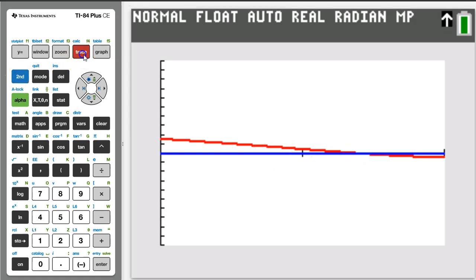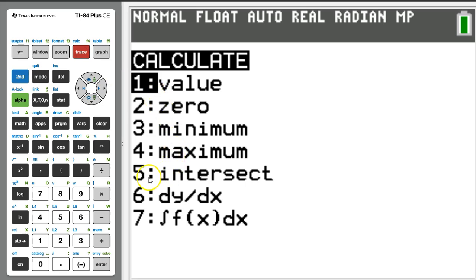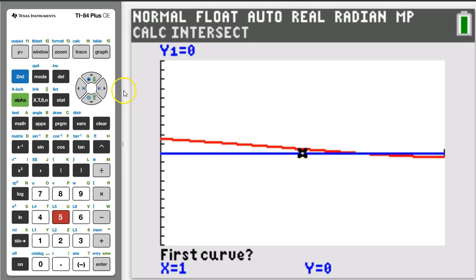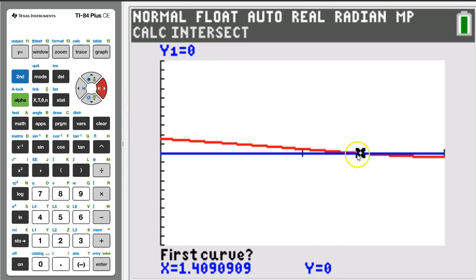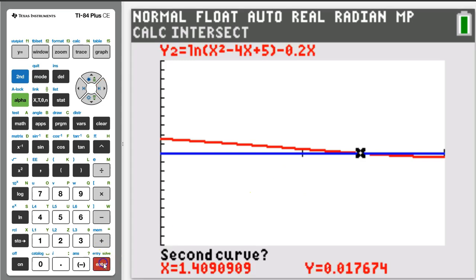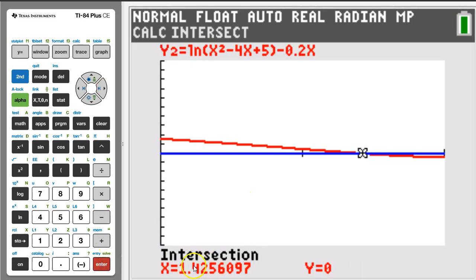So hit second trace again, but this time choose option 5 for intersect. I prefer this method because it does not trigger the whole left bound, right bound interaction. You can simply move the pointer close to this point of intersection and hit enter 3 times. Enter, enter, enter. You get the same exact answer, but I find this to be simpler.